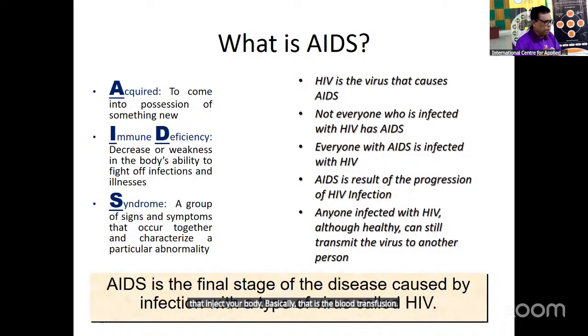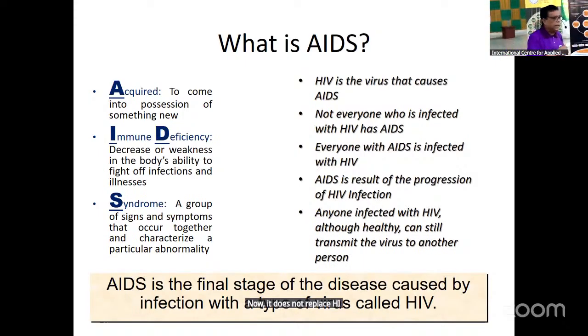During the process of blood transmission from one infected person to another uninfected person, if it happens, then obviously the human immunodeficiency virus, HIV, enters your body. Now, it does not imply that when HIV enters your body, the person is to be treated as an AIDS patient.